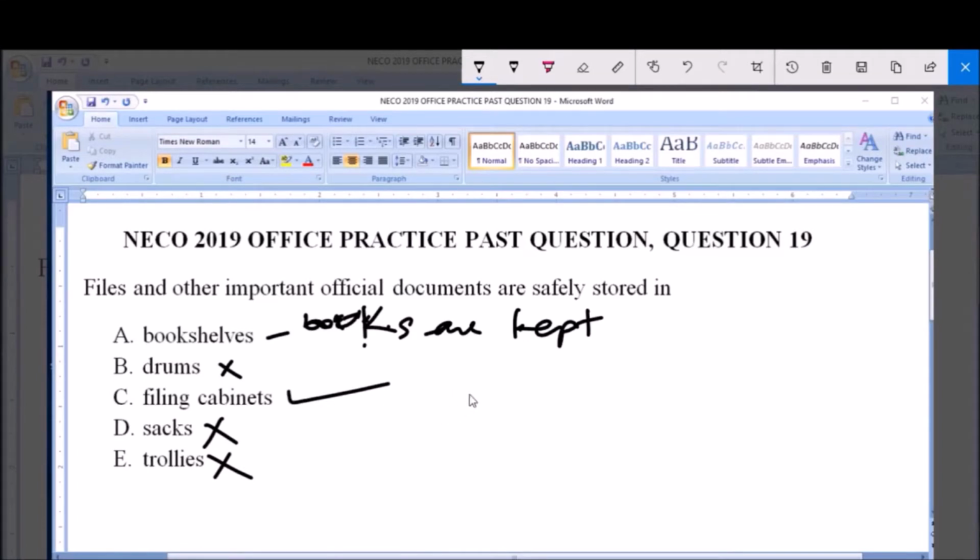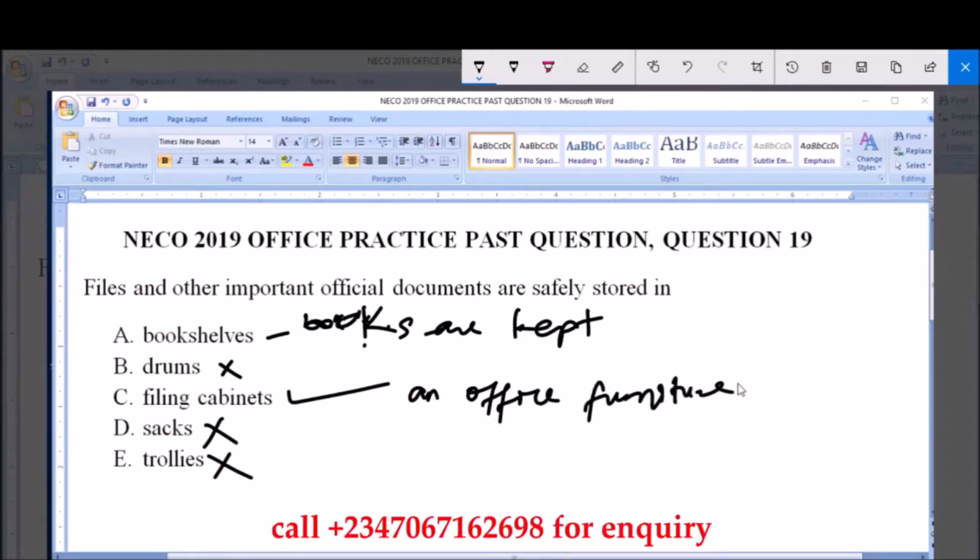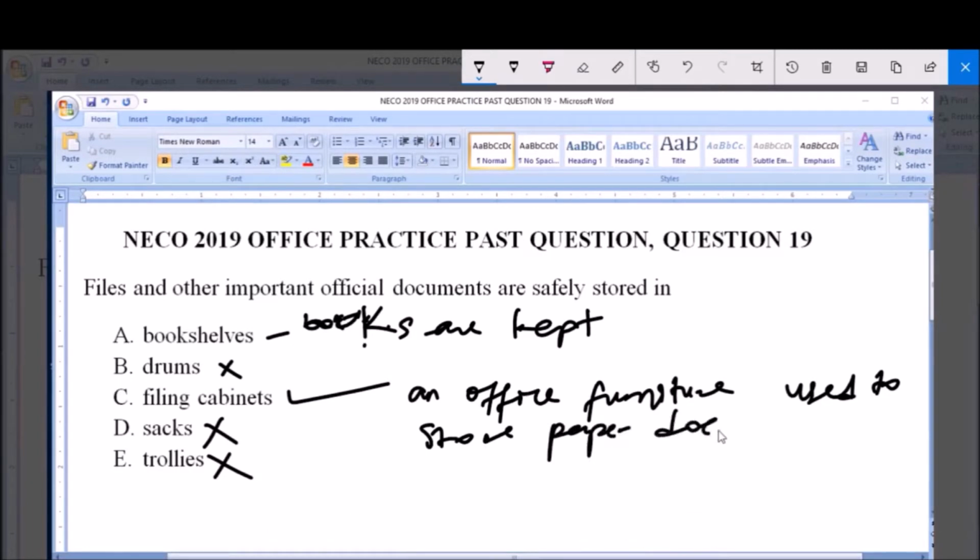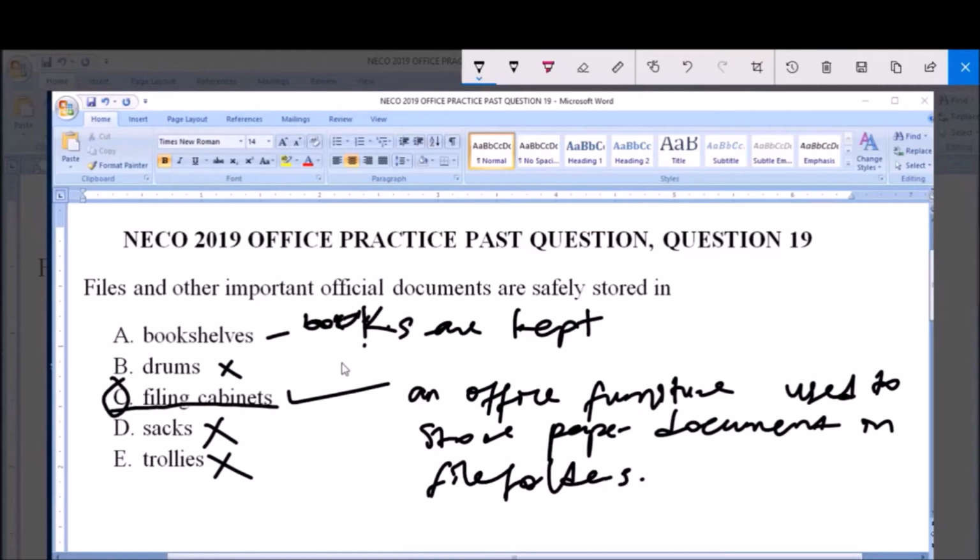A filing cabinet is defined as an office furniture used to store paper documents in file folders. So a filing cabinet is found in the office and is used to store important official documents. So the answer to this question is option C.